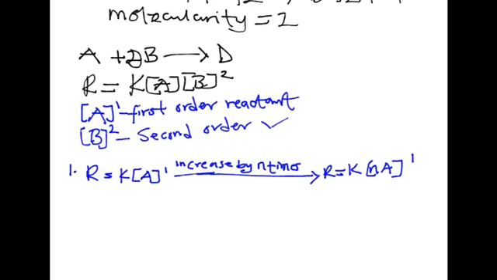Now there are some important things we have to note for a first order reaction. We're talking about having a rate like R equals K, the concentration of A to the power 1. Then when we increase the concentration of A by n times, definitely the rate of the reaction also increases by n times.